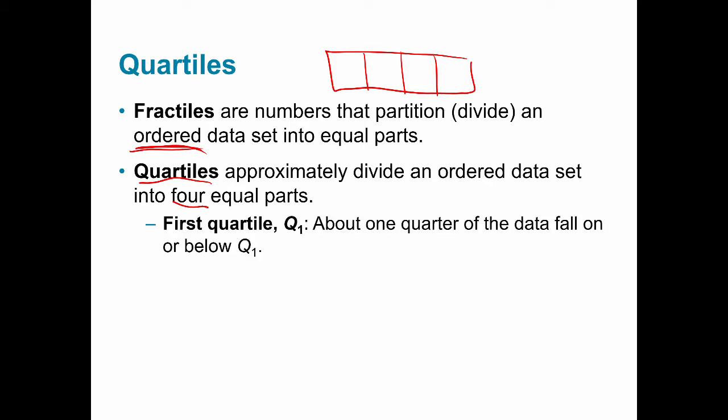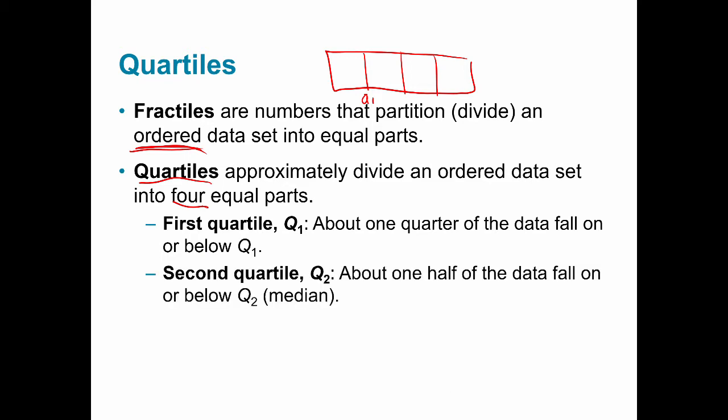So the first quartile is going to be a position where about 1/4 of our data will fall at or below Q1. So a quarter of our data is there. So on this Hershey bar I drew, quartile 1 or Q1 is going to be that first break in the candy bar. The second quartile, you have half of your data at or below the position. So Q2 is your median.